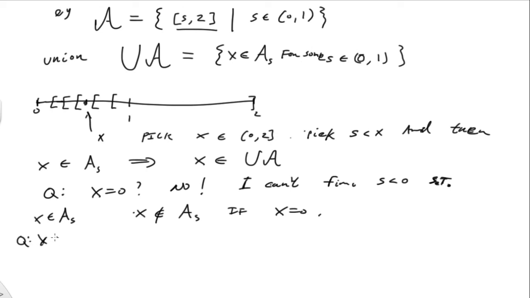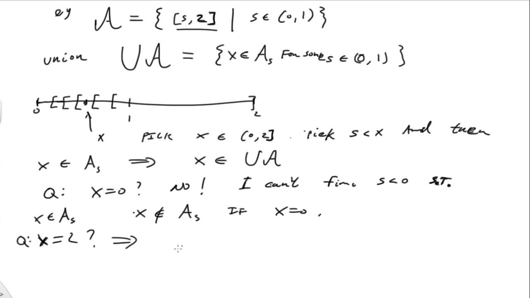Likewise, what about x is equal to 2? Oops. Is that a member of this union? And the answer there is pretty clearly yes, because 2 is included in all of these sets, therefore it is included.